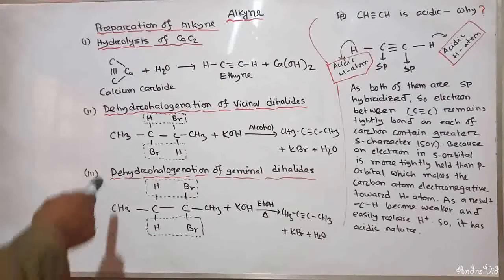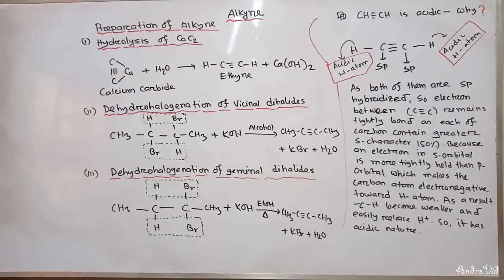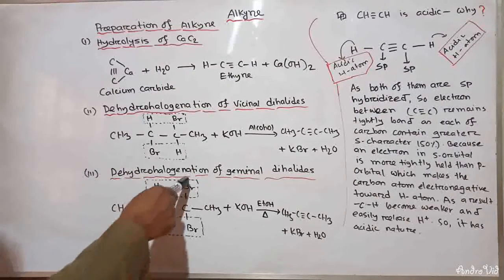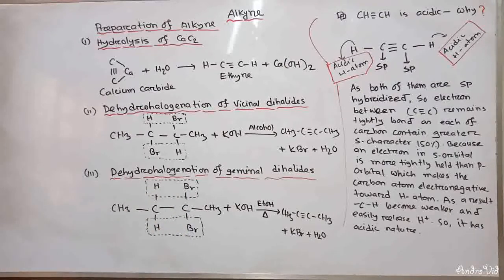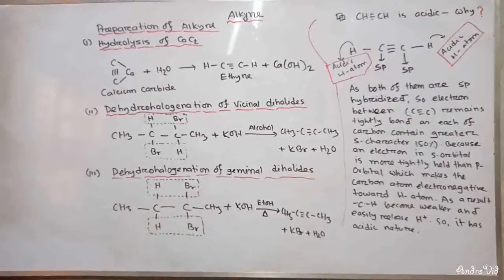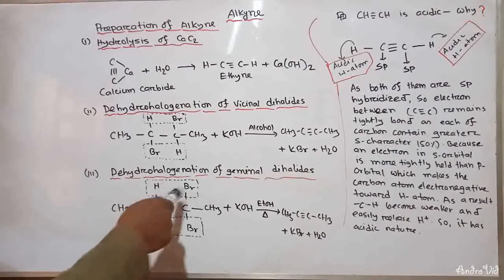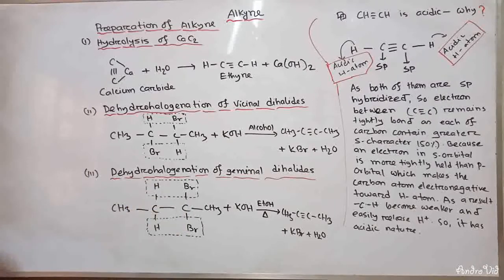Now the third process, dehydrohalogenation of geminal dihalide. This is the halide where both halogen atoms are attached to the same carbon. This type of halide is called geminal dihalide. If this type of halide is treated with potassium hydroxide in ethanol, then HBr will be eliminated, and in this way an alkyne is produced along with potassium bromide and water.